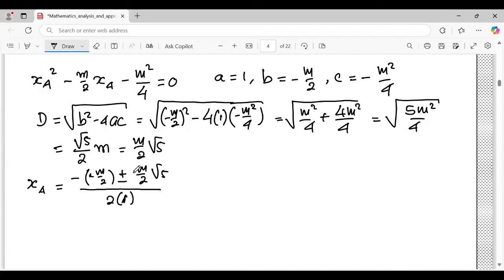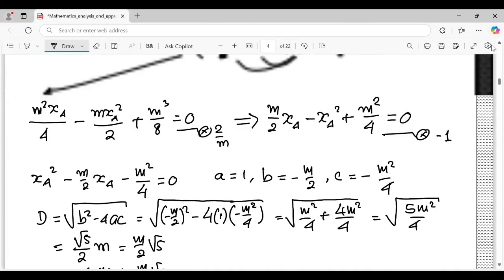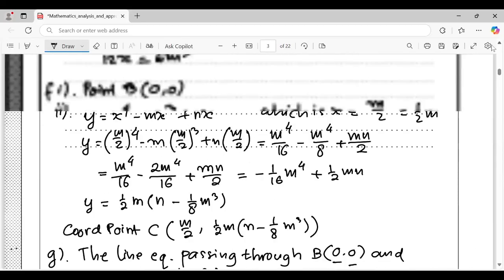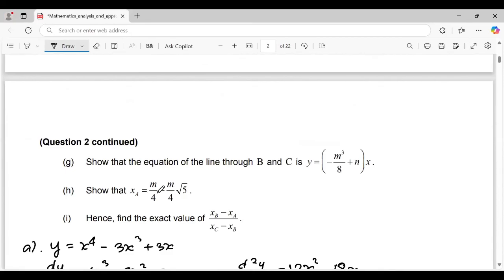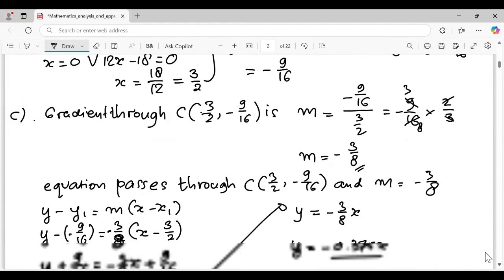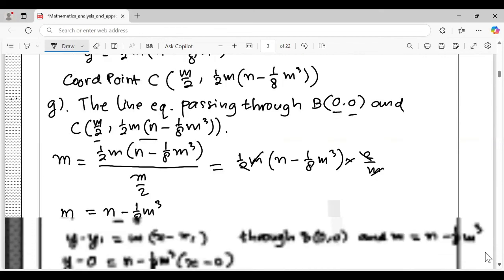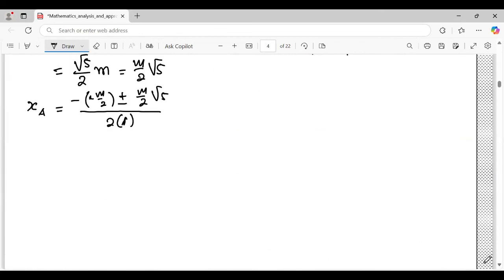But according to the equation that we have to prove in the question, xa is m over 4 minus, not plus, m over 4 square root 5. So therefore, I will not use plus, only minus here.